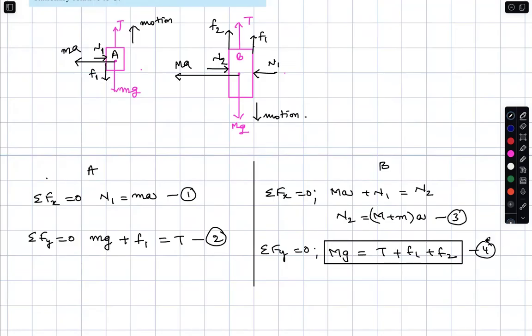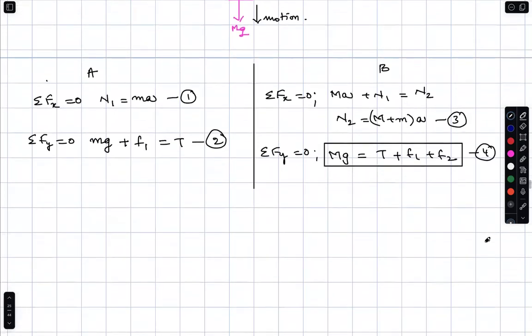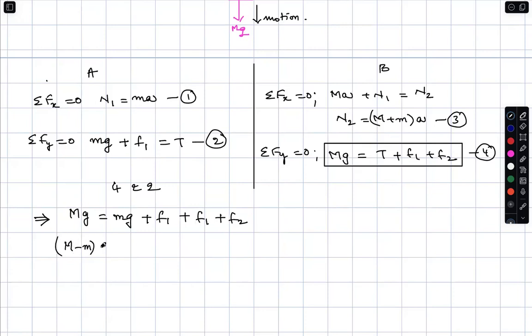Now, everything is left with 2 and 4. Now, I am going to use 2 and 4. 4 and 2 imply mg is mg plus F1 plus F2. Capital M minus small mg is, by the way, F1 is mu N1.